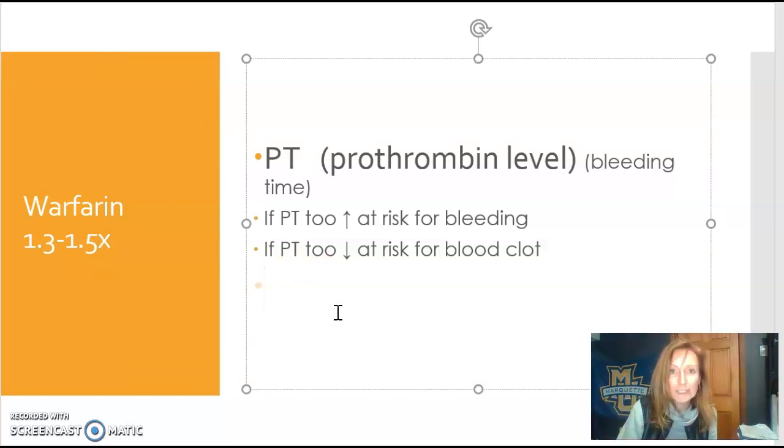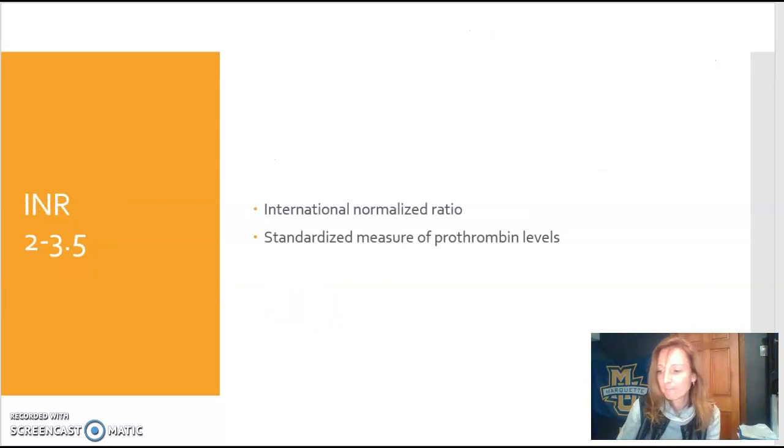So we want the patient to take longer to clot, right? That's the whole point of anticoagulants. We want that bleeding time to be prolonged. We don't want them to rush and make a clot. So we want it a little bit prolonged, just a little bit more than normal. One is the normal, so 1.3 to 1.5. We want that bleeding time just increased a little bit.